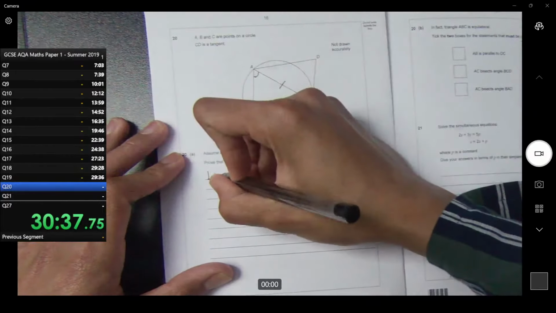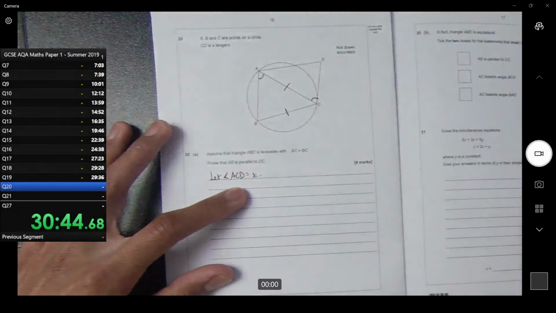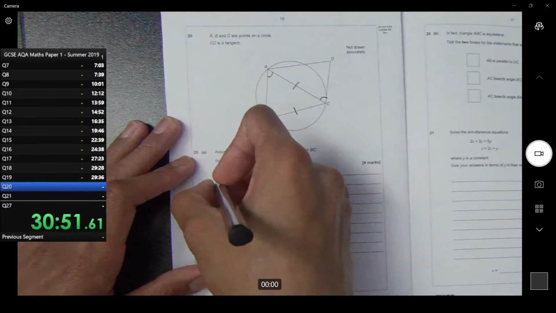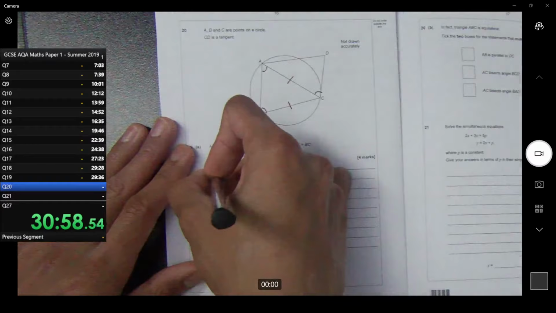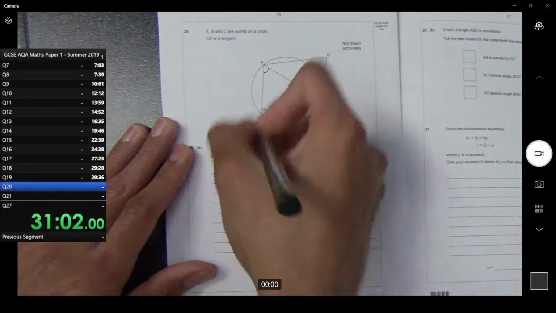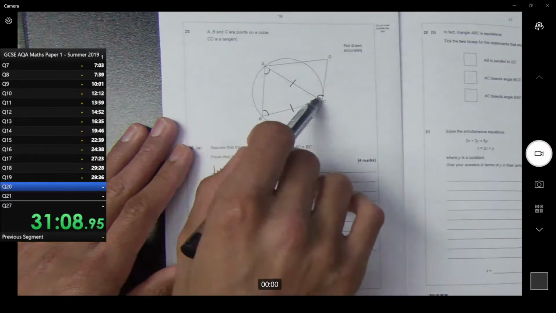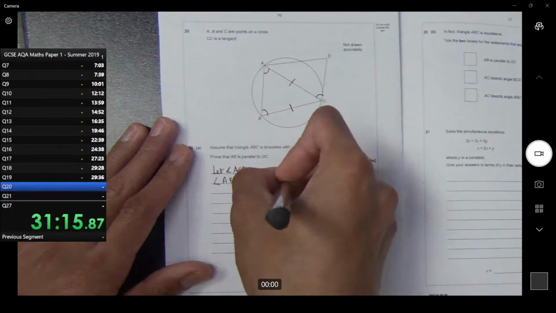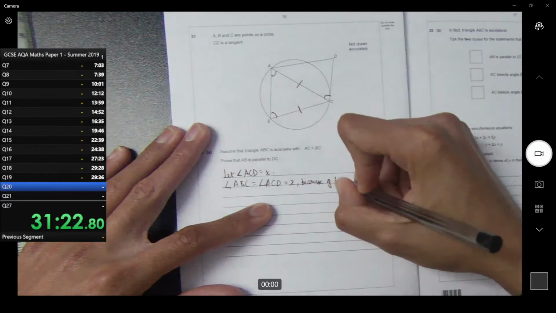So let's start off by saying let angle ACD equal x, and then we can say that angle ABC, so this angle here from A to B to C, is equal to this one here, because of the alternate segment theorem.